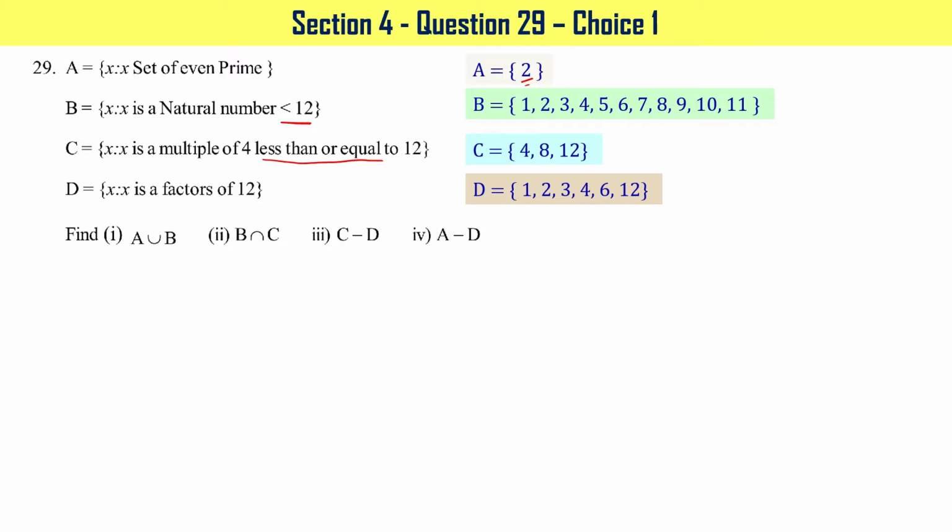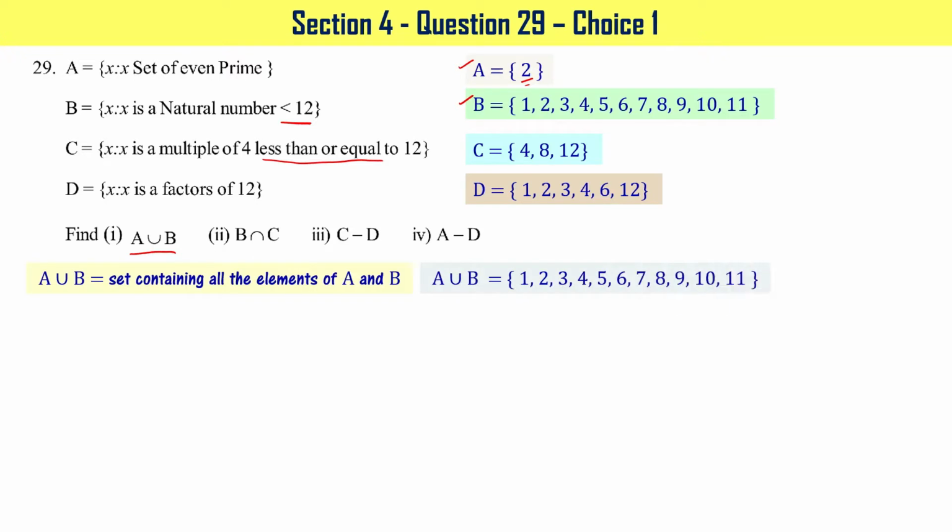Now let's see what is A union B. Since we have all the sets A, B, C, D, let's start with answering the questions. A union B is the set containing all the elements of A and B. It means we have to include all the elements of set A and set B, such that you will get the set A union B. That is going to be the set containing elements 1, 2, 3, 4, 5, 6, 7, 8, 9, 10 and 11.